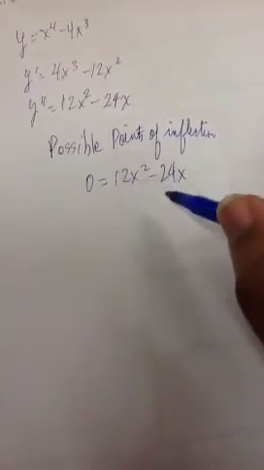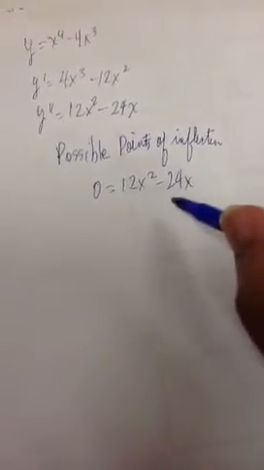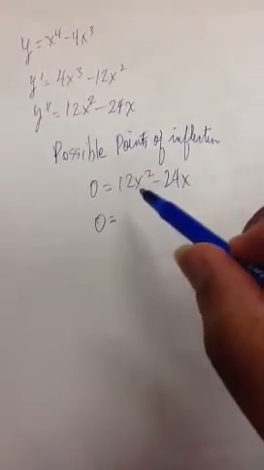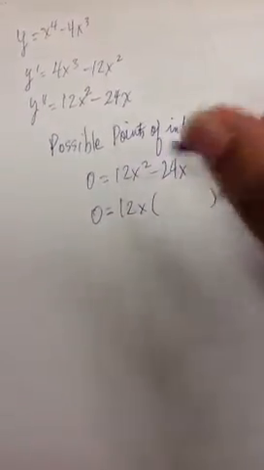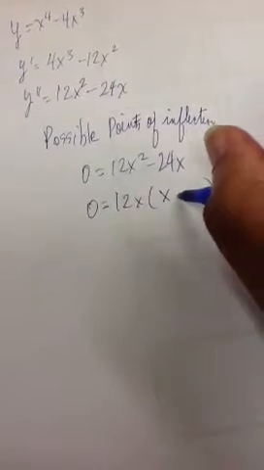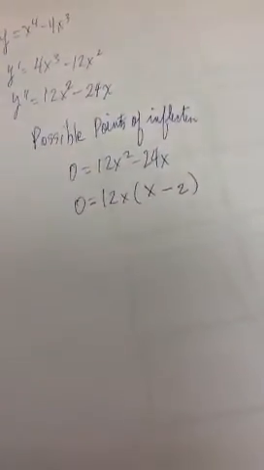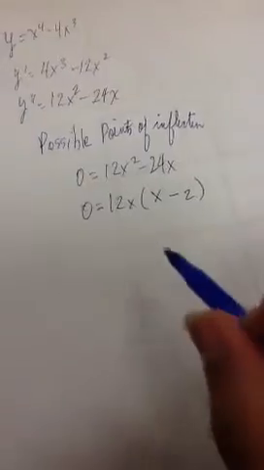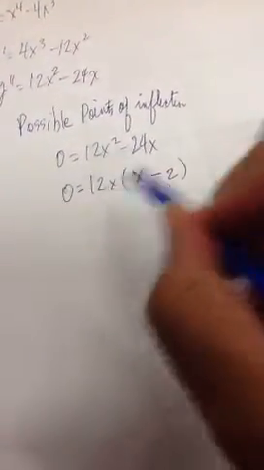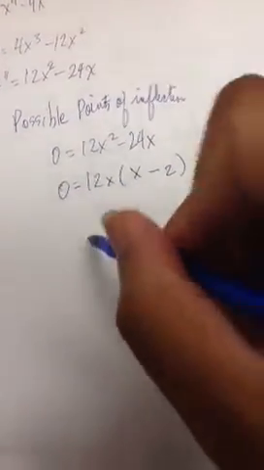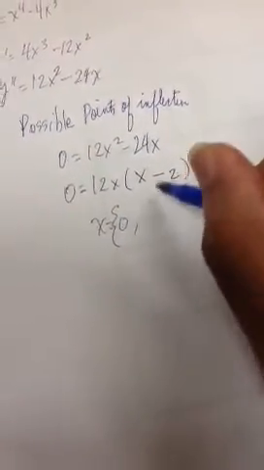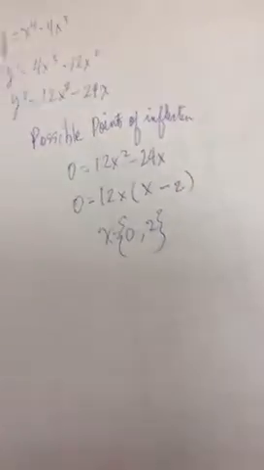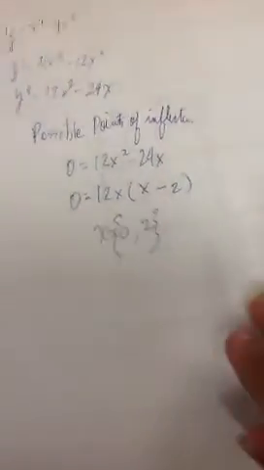I want to solve this. I see some common factors, so I can factor out a 12 and an x. I'm left with x minus 2. So the critical values, which will make this equal to 0, are x equals 0 and x equals 2. Those are my critical values, my possible points of inflection.